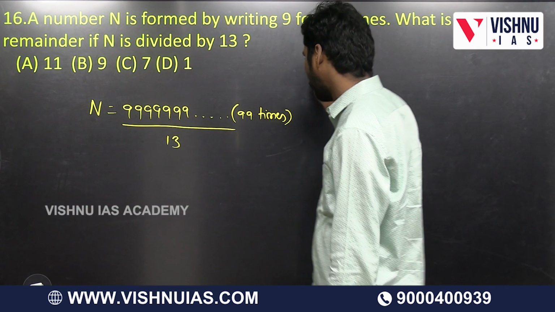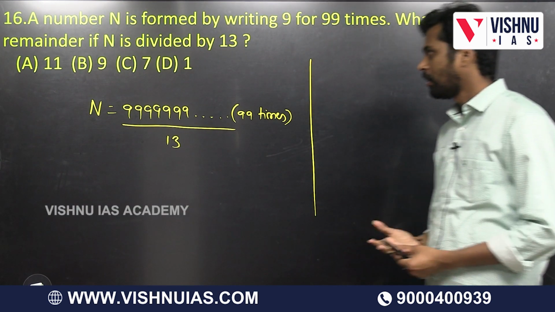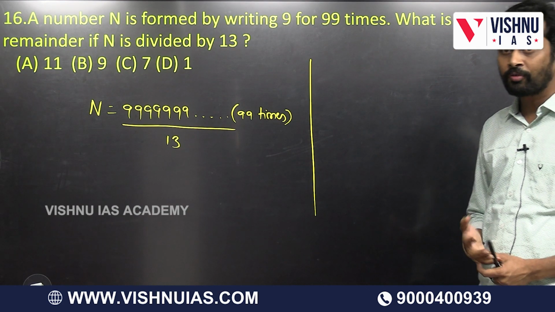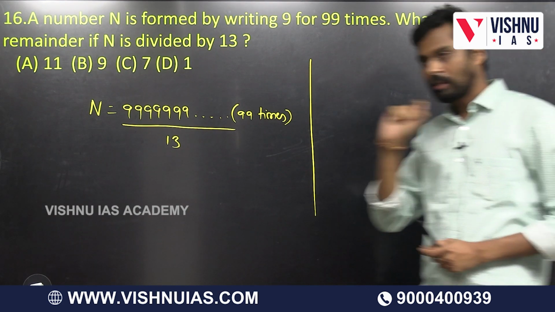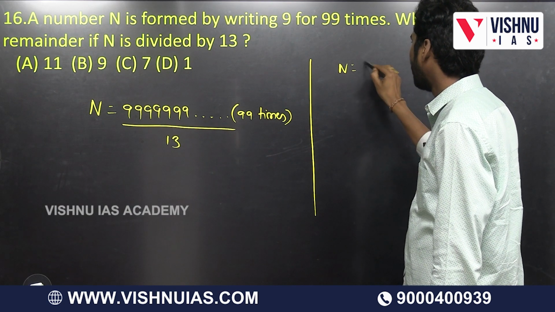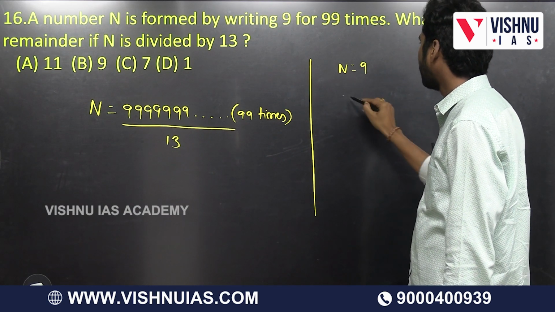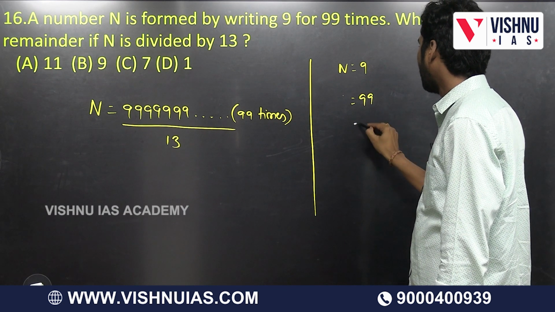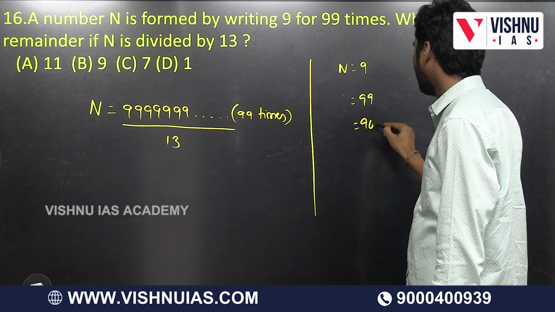First of all, you see this expression, and this is also an important concept which we need to discuss. When all the digits are nines in a given number, let's say n is equal to 9, n is equal to 99, n is equal to 999.